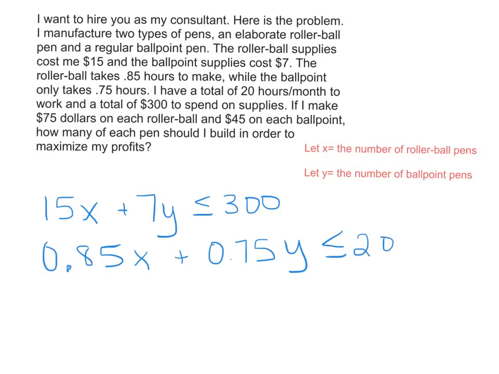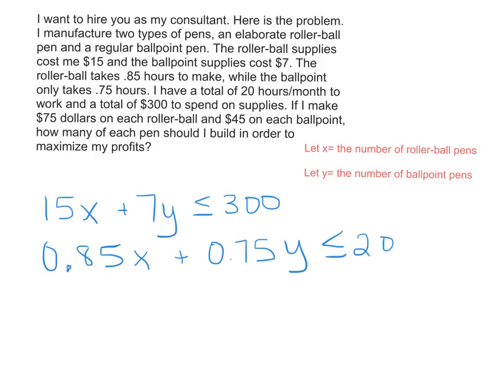And there's one more thing that I want to think about when I'm looking at my situation. We have X is the number of rollerball pens and Y is the number of ballpoint pens. And something that we tend to overlook is our domain and range for these. So does it make sense for us to have a negative amount of rollerball pens?